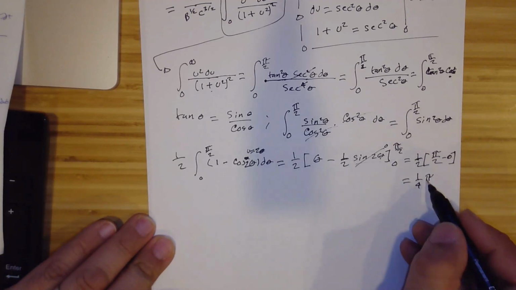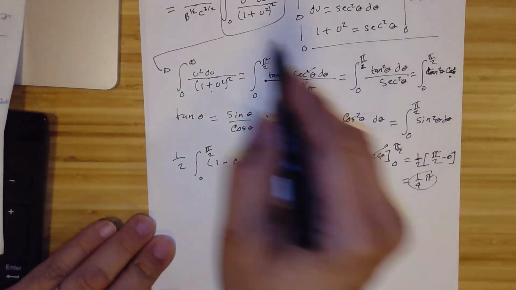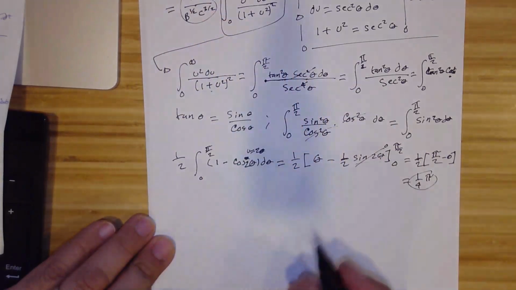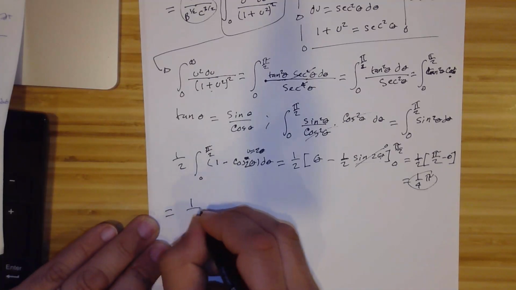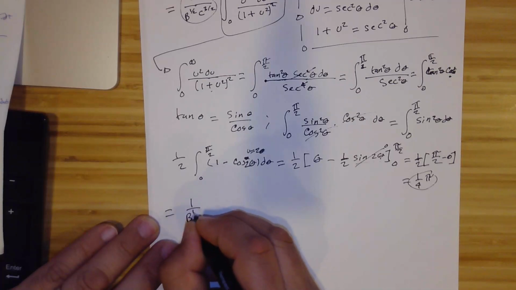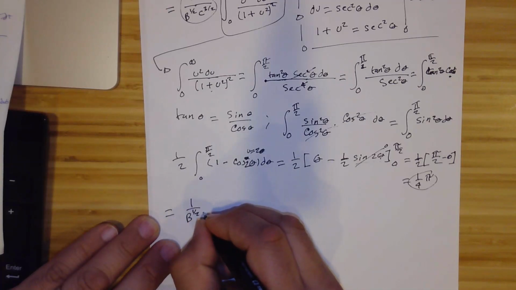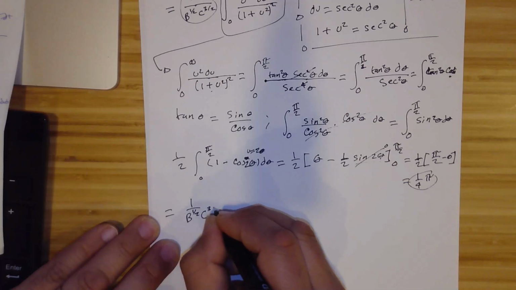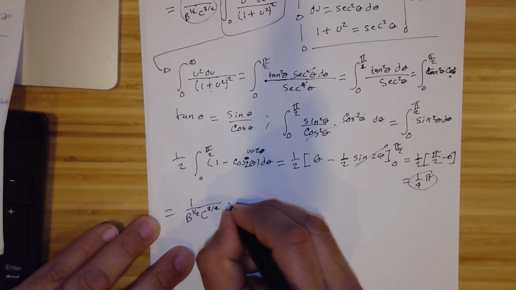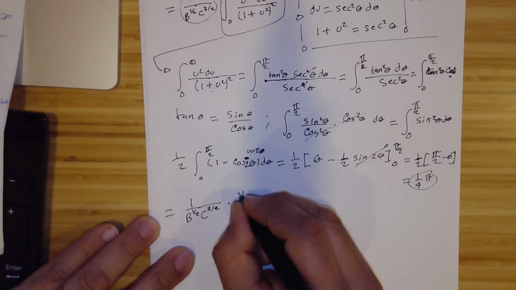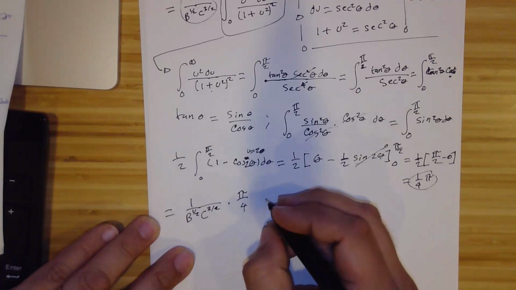So if we combine this solution with the part that we have from the beginning, the solution will be one over b to the three halves c to the three halves, right, times pi over 4.